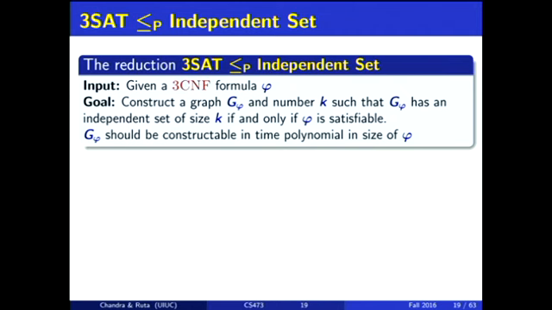From that I have to conclude that the formula is satisfiable. But in fact, not only can we decide, we also need a solution. The independent set in the graph should tell me how to make the formula satisfiable. That's what the proof will do.